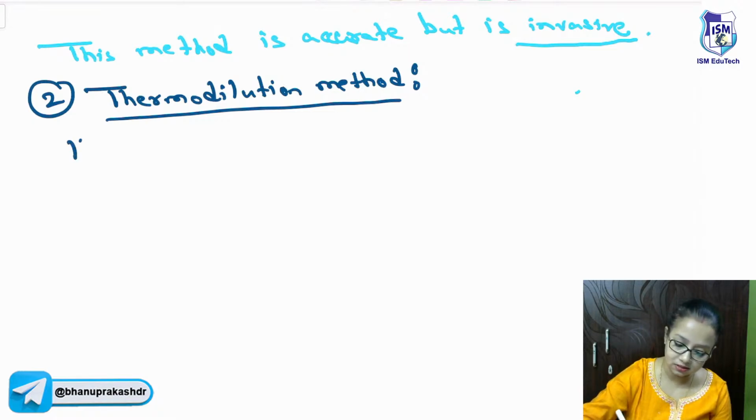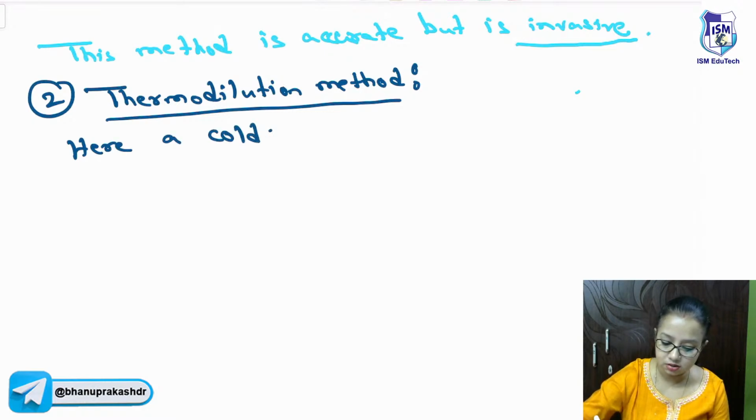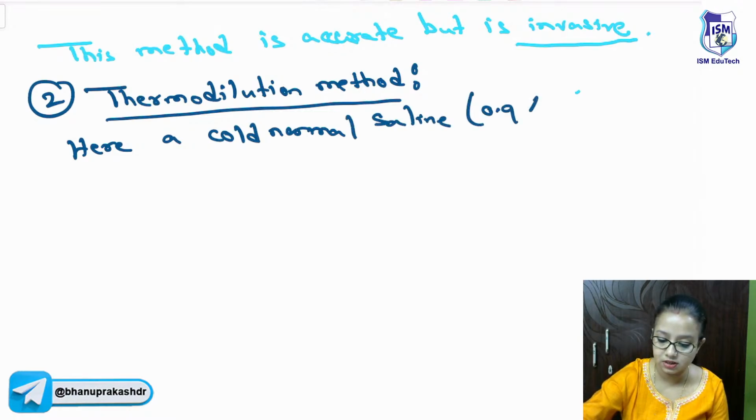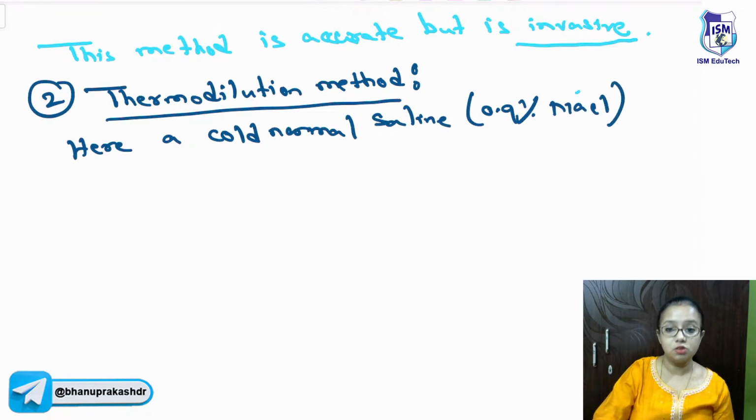So here a cold normal saline, we know how much it is, 0.9% NaCl, that is what is the normal saline, right?